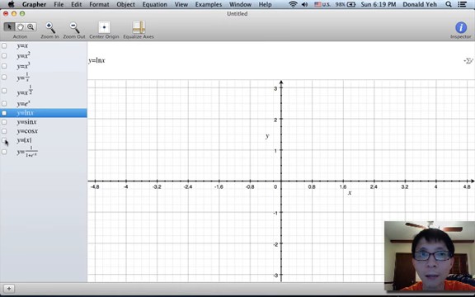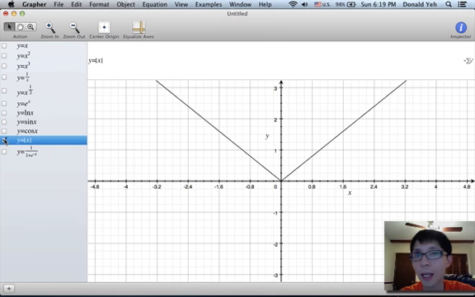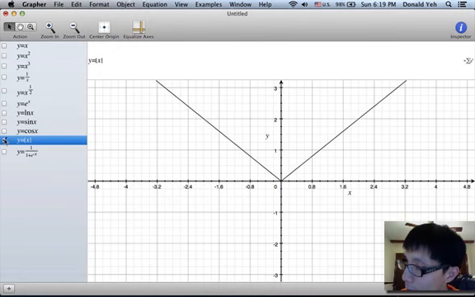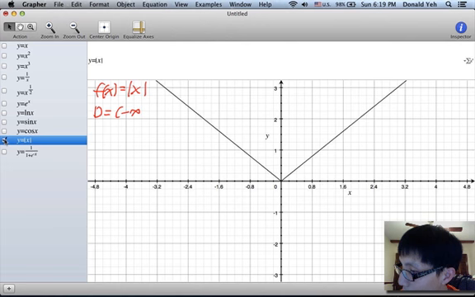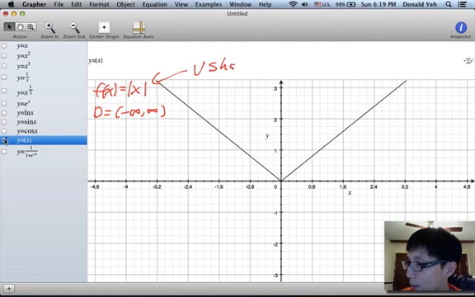I'm gonna skip that. We're gonna go to y equal to absolute value of x. Everybody knows this one? Again, f of x equal to absolute value of x. Domain is all real. Looking at the graph, it looks like a V shape. The range is gonna be 0 to infinity.